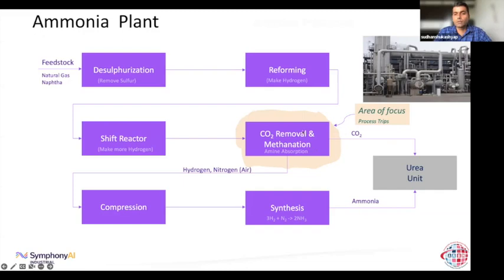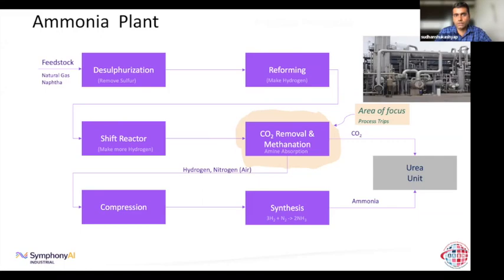So the high excursion of CO2 could cause a whole plant shutdown, and you know the cost of a plant shutdown: you need 3-4 days to bring it up, and there's $1 million lost in plant profitability. So we want to detect this anomaly upfront, understand why it is happening, and then what can be done about it. That's the kind of solution we're looking into for this use case.